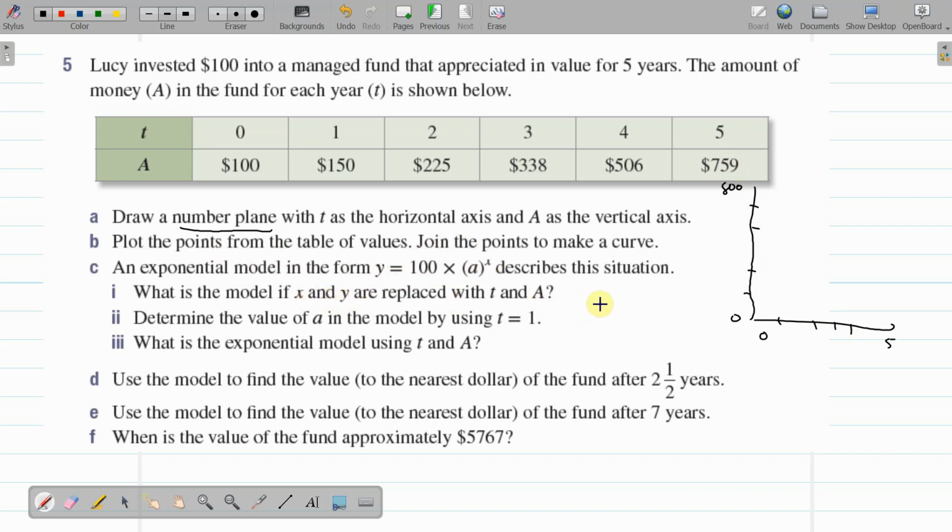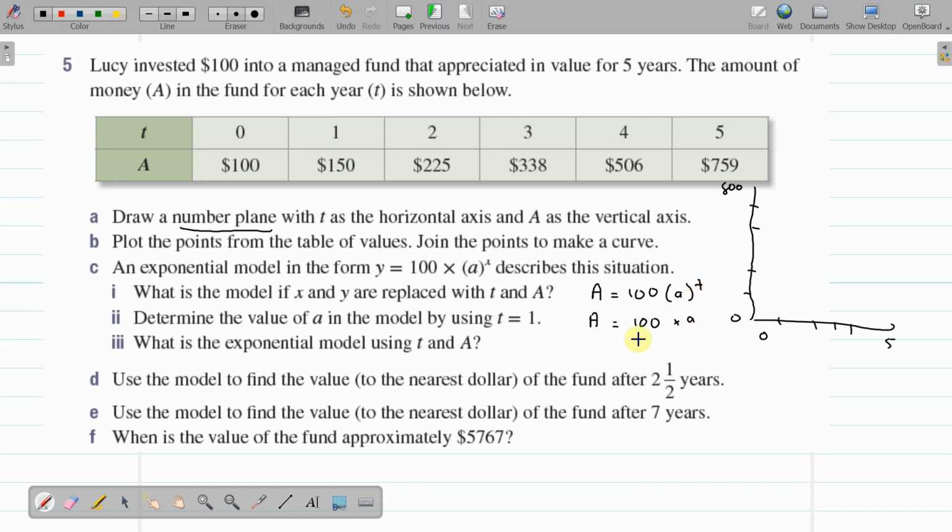Then they've done the same as before. X and Y replaced with T and A, so A equals 100 times a to the power of T. Determine a in the model by using T equals 1. Well, A equals 100 times a, since T is 1.